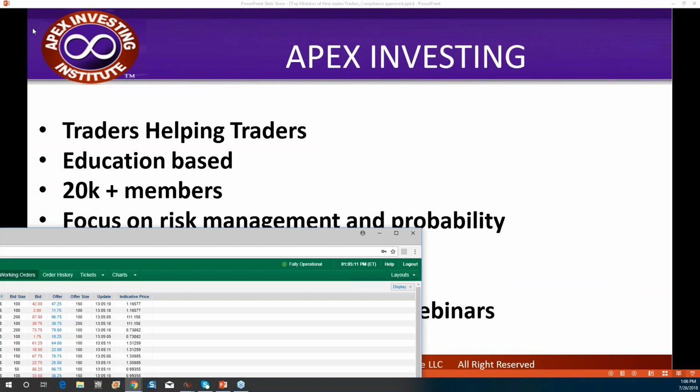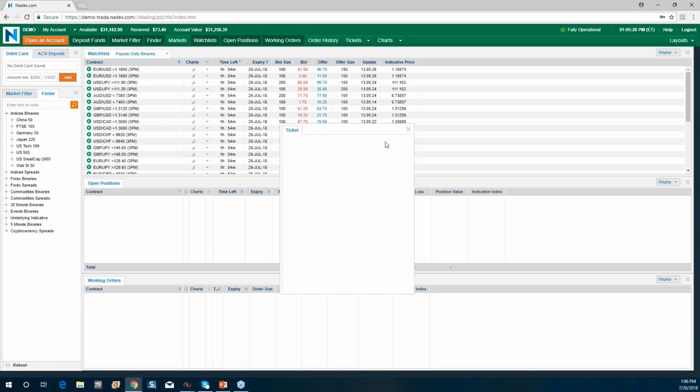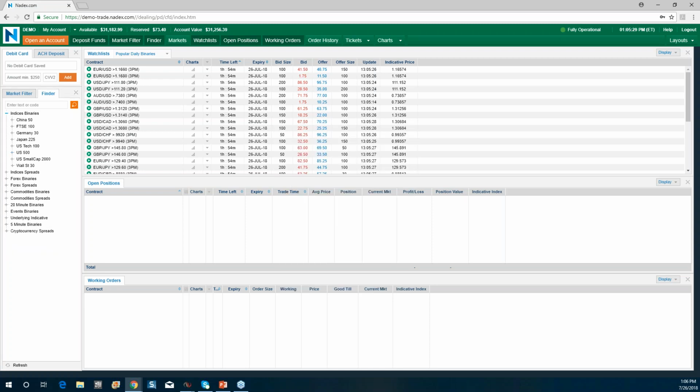You can log right into a demo platform. Demo platform is a great place to get familiar with Nadex, get familiar with the different binaries and spreads they offer, the different expirations they offer, how to open up tickets, how to enter and exit orders. Just get a good feel of it with a practice account, so that you're prepared when you go in and start using your live money.